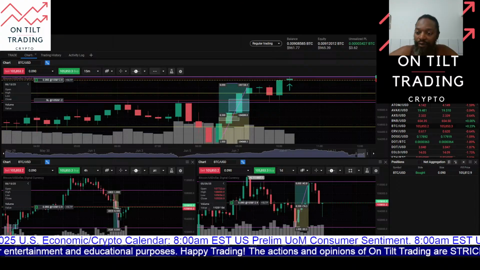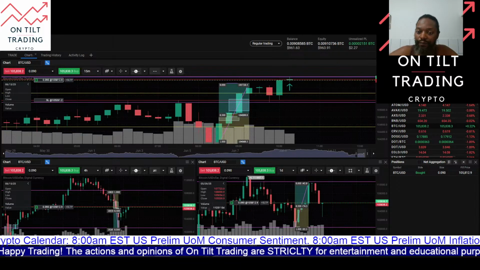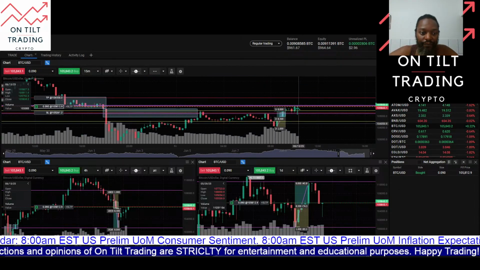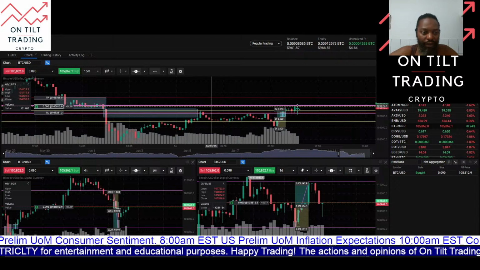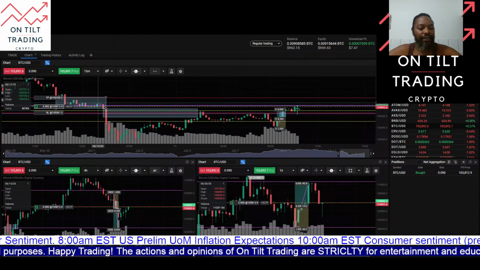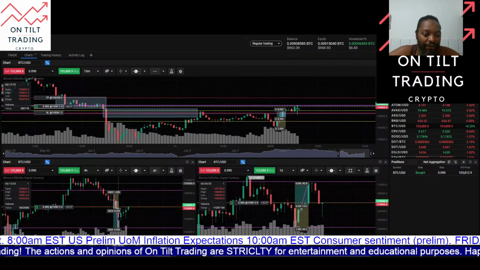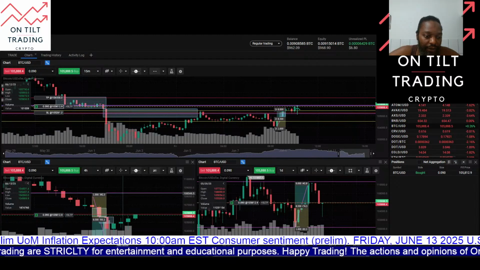And then for a target, my target is right here, and you can see I've got this labeled. This is a fair value gap on the 4-hour chart that I have highlighted.